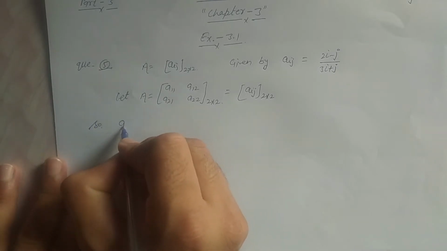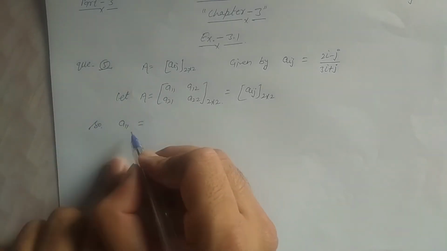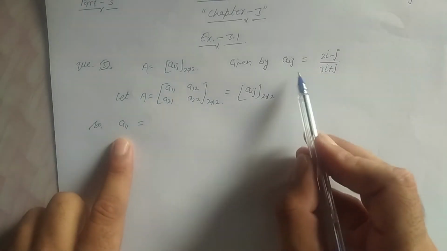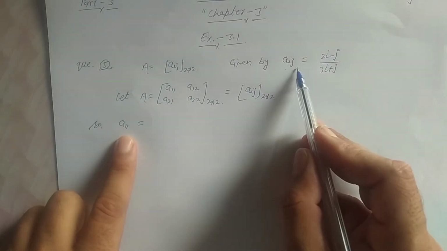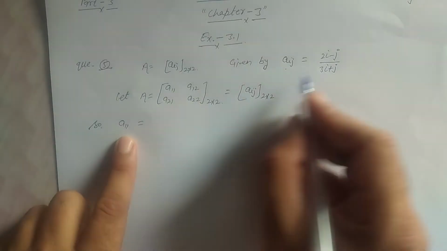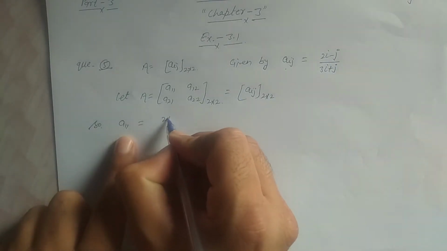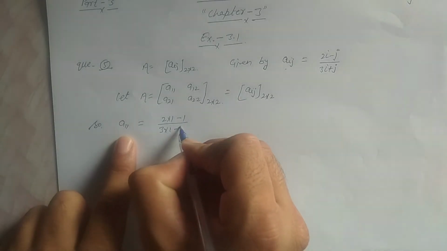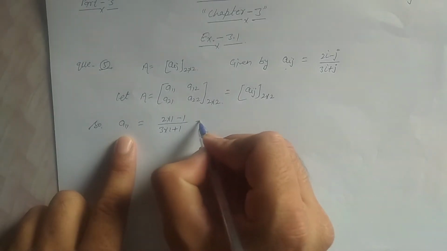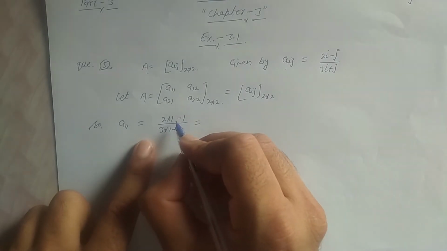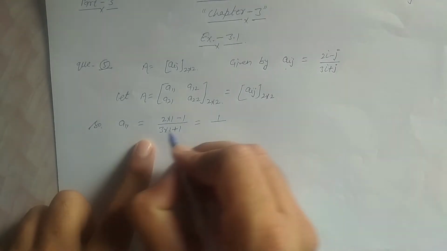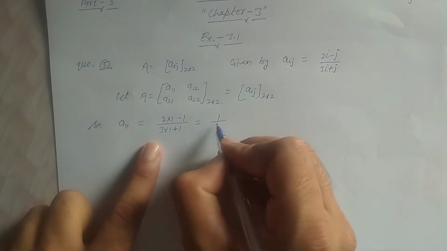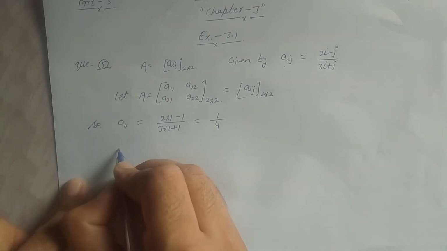So A11: i equal to 1, j equal to 1. According to the question, (2 into 1 minus 1) by (3 into 1 plus 1) is equal to (2 minus 1) by (3 plus 1), which is 1 by 4.